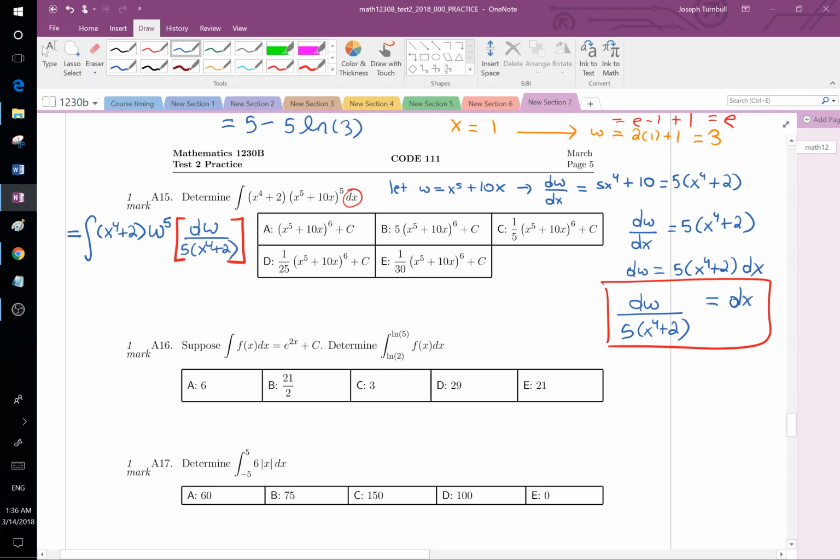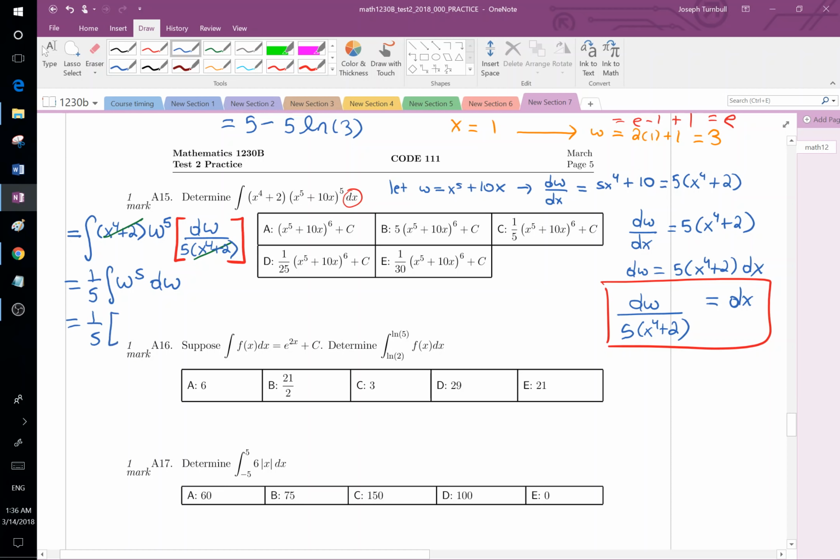And that's why I common factored it earlier, so that the cancellation would show up easily at this stage. There's a 5 downstairs, so I'm going to put 1 over 5 in front of the integral. 1 over 5 integral of w to the 5 dw.